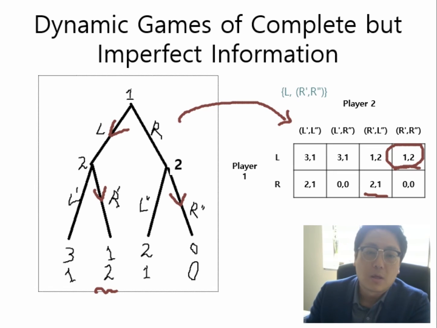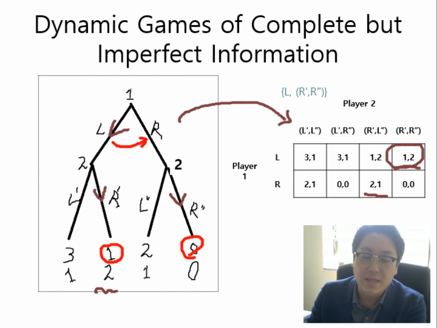In this case, the reason why the first player does not have any willingness to deviate from the current Nash equilibrium is that even though the first player changes to R, what the first player can get is 0. 0 is less than 1, so the first player doesn't have any incentive to deviate, right?